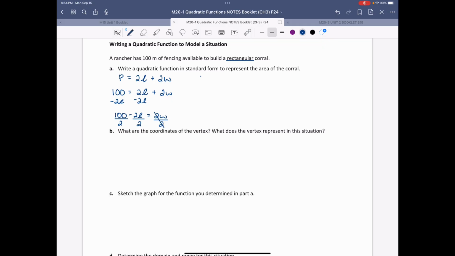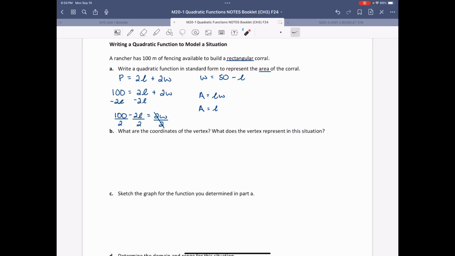And I have W equals 50 minus L. We want to write a quadratic function in standard form that represents the area of the corral. Again, it's a rectangle, so area would be length times width, which is length times, we just determined that the width is equivalent to 50 minus L.